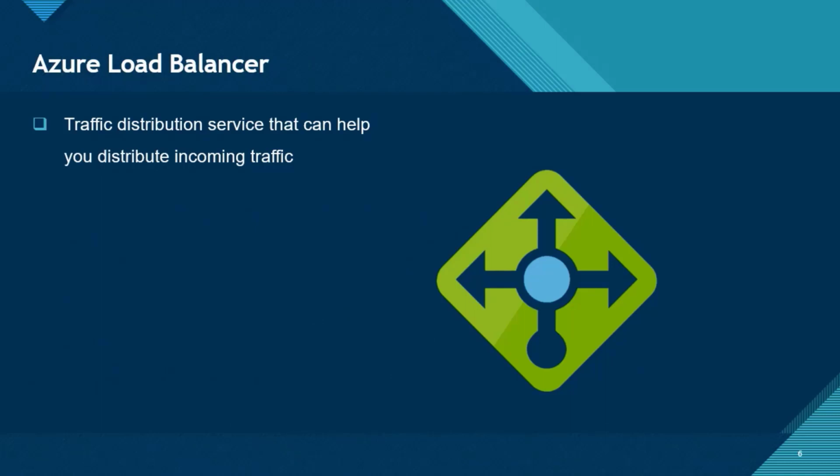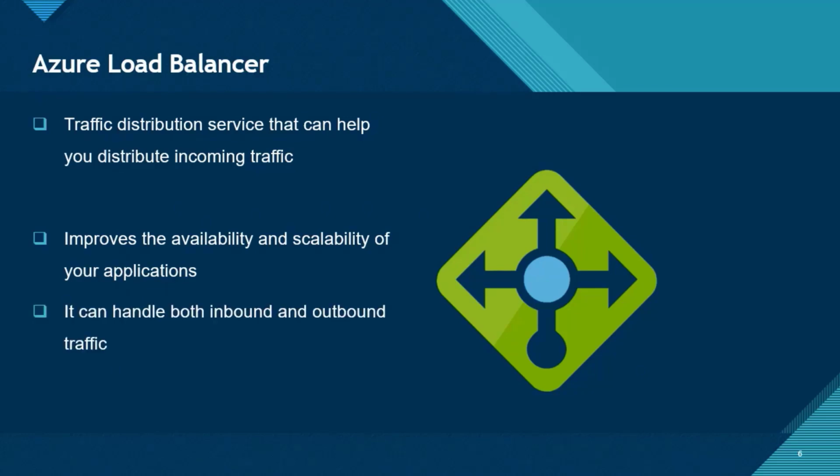And lastly, we have Azure Load Balancer. This service plays a crucial role in distributing incoming network traffic across multiple virtual machines or resources within a virtual network. By distributing workload effectively, the Azure Load Balancer improves the availability and scalability of your applications.